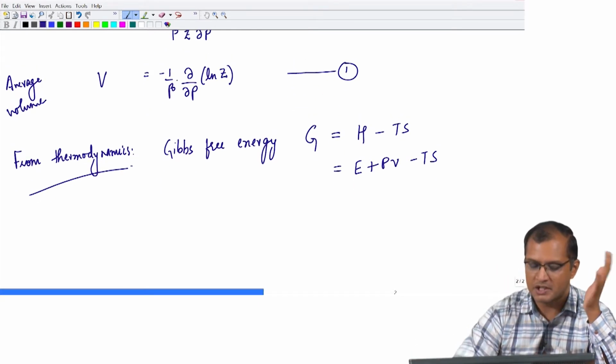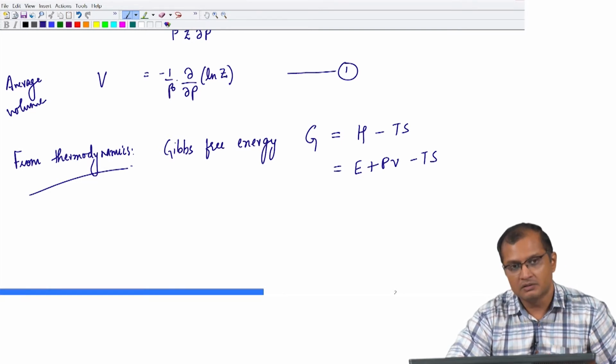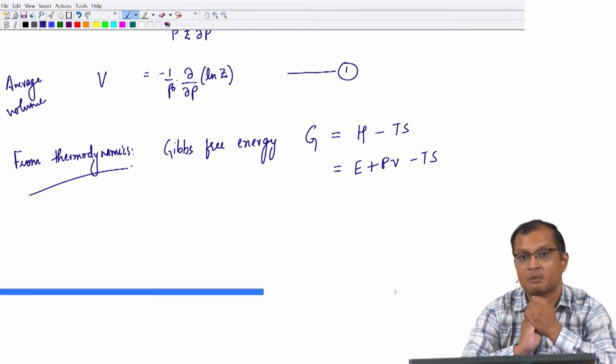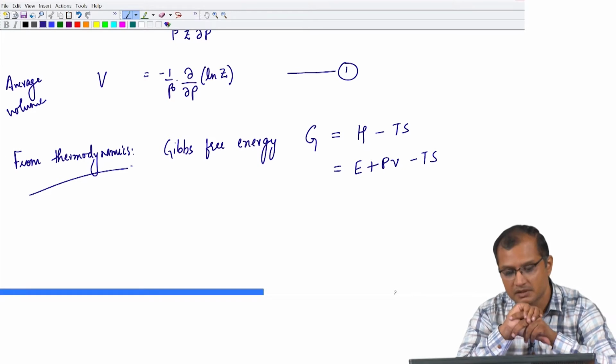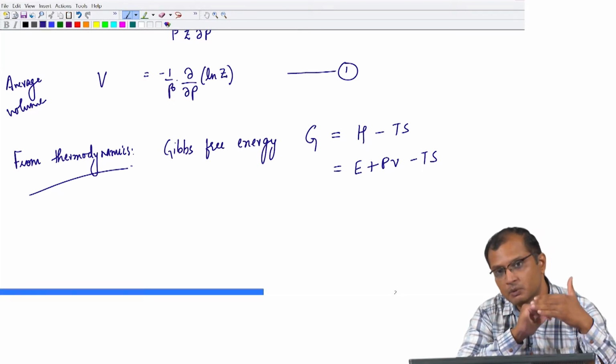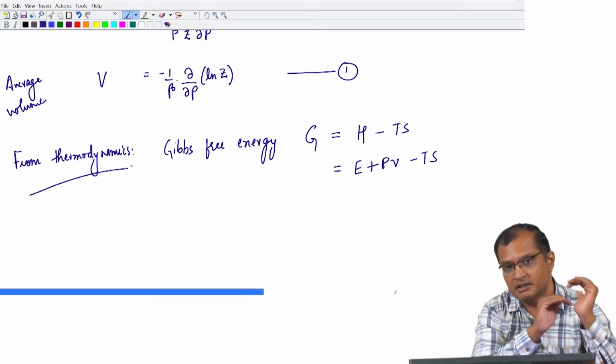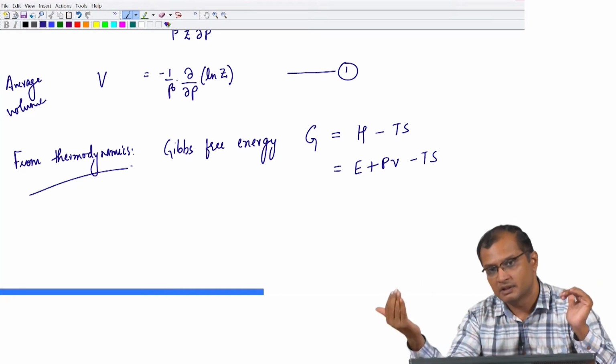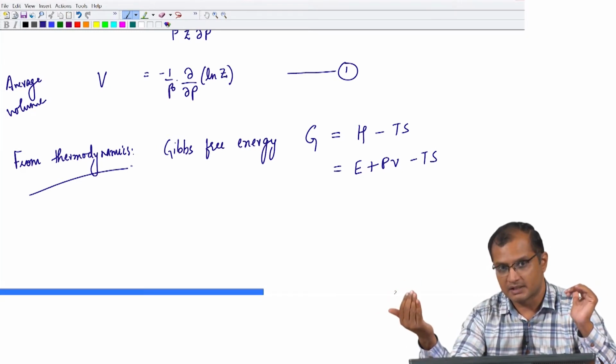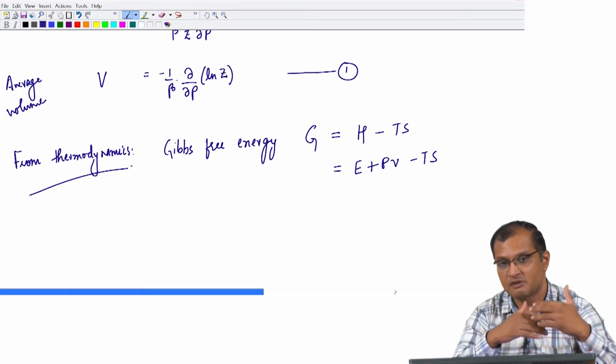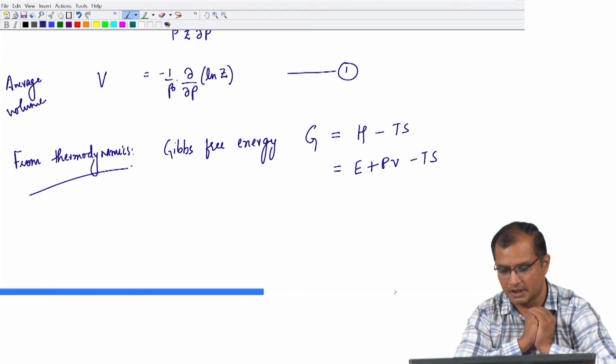What I am going to do is write down volume in terms of thermodynamic variables and compare with my equation 1, where I have written thermodynamic volume connected to statistical mechanics. The comparison of these two expressions will reveal yet another bridge between statistical mechanics and thermodynamics. Okay.